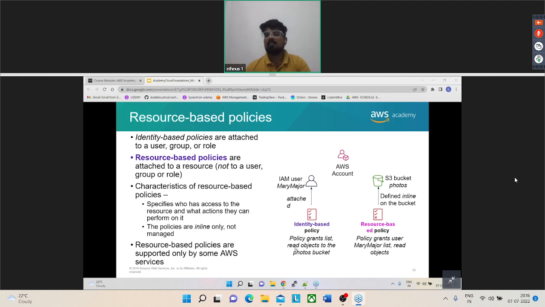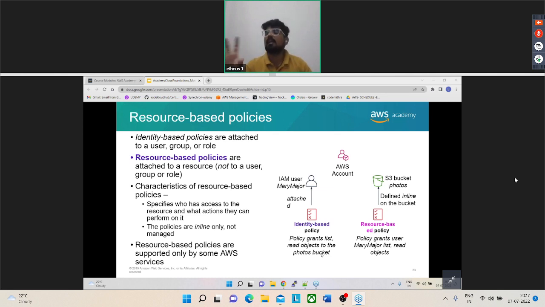This policy grants list and read object permissions to a photo bucket. So there is one photo bucket, and this policy contains a permission where a user to whom it is attached can list the photo bucket inside the S3 service platform, and can also read all the objects. Objects are the files. The files which you upload to an S3 bucket are known as objects.